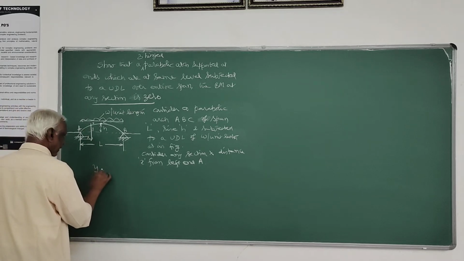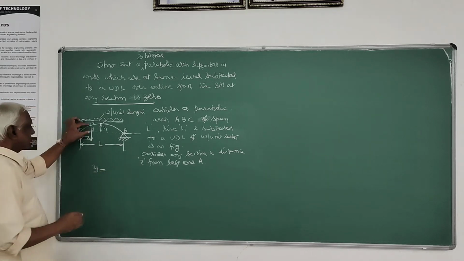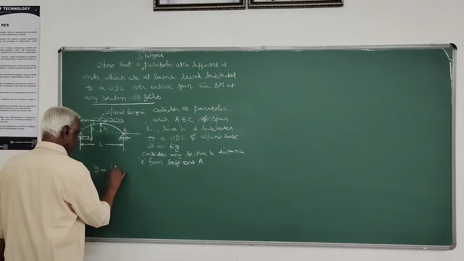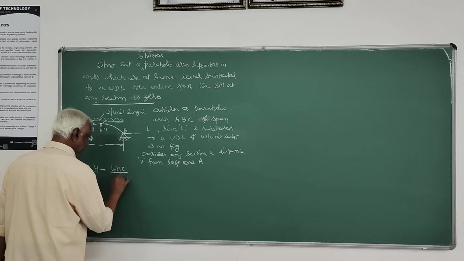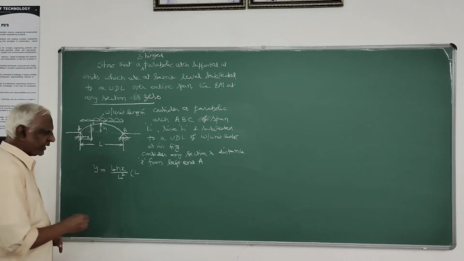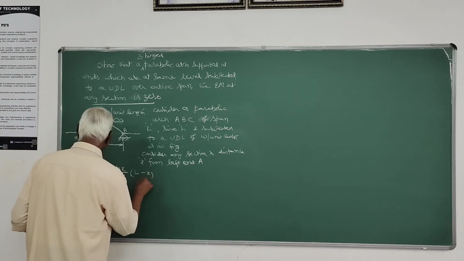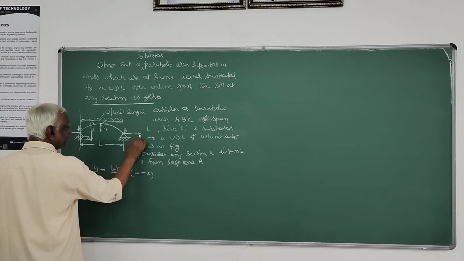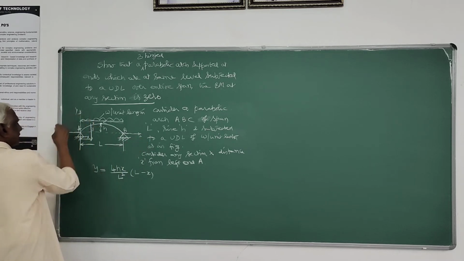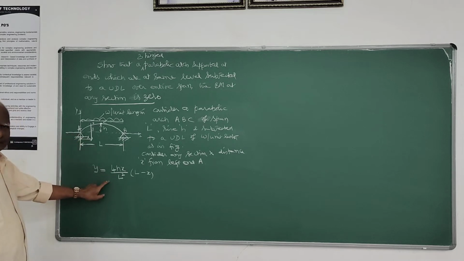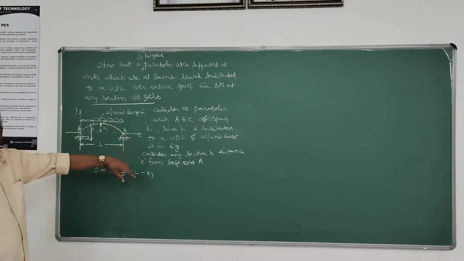Then y, that is the vertical height at that section, since the arch is parabolic, is given by 4hx by L squared into L minus x, treating the left hand as the origin. If you treat the left hand as the origin, then this is the equation of this parabolic arch.